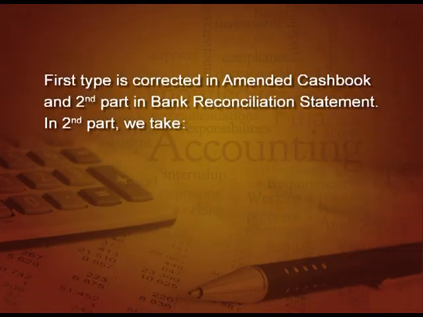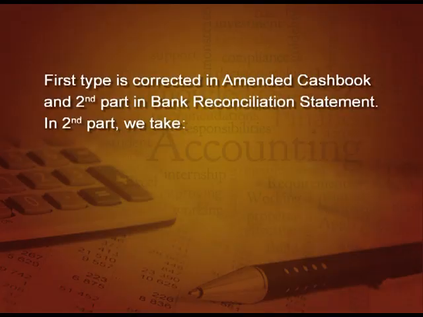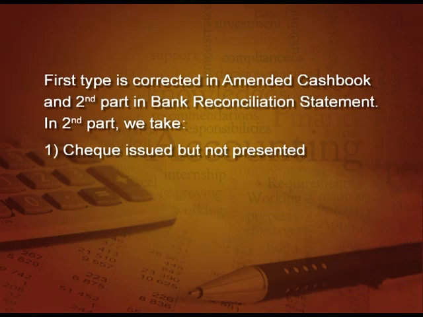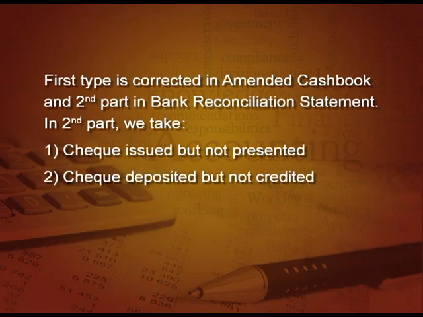So, the first type of error is corrected in the amended cash book and the second part will be corrected in bank reconciliation statement. In the second part, we take first check issued but not presented, second check deposited but not credited, and the third one errors by the bank. So, why not understand this by doing one simple problem on this concept?